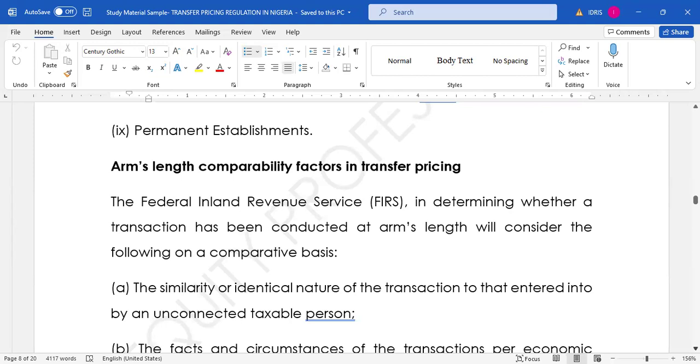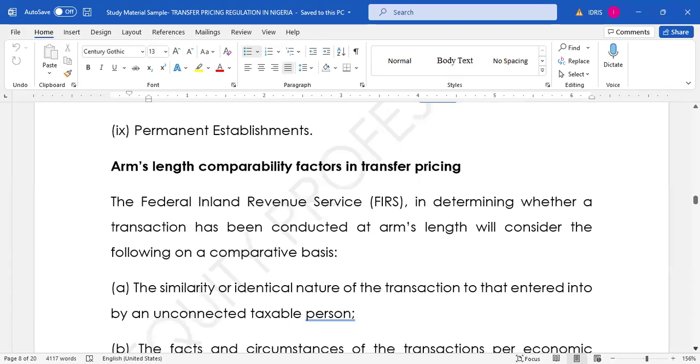So what are those factors? Number one, similarity or identical nature of the transaction entered into by unconnected taxable persons.